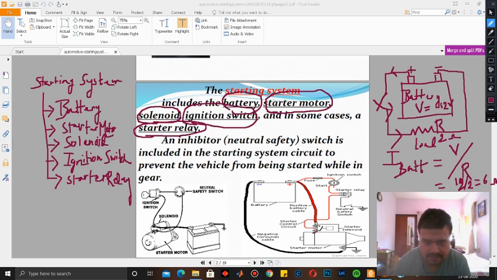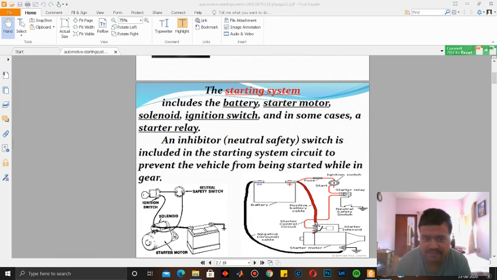Now after the battery, we have something called the starter motor. So let us draw the starter motor.